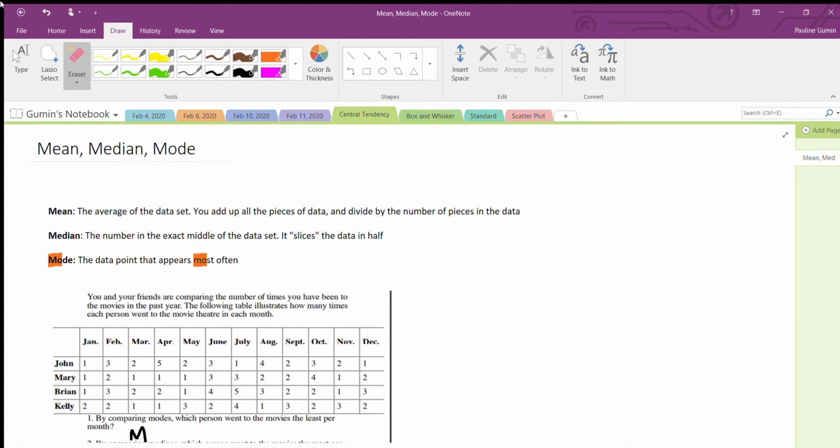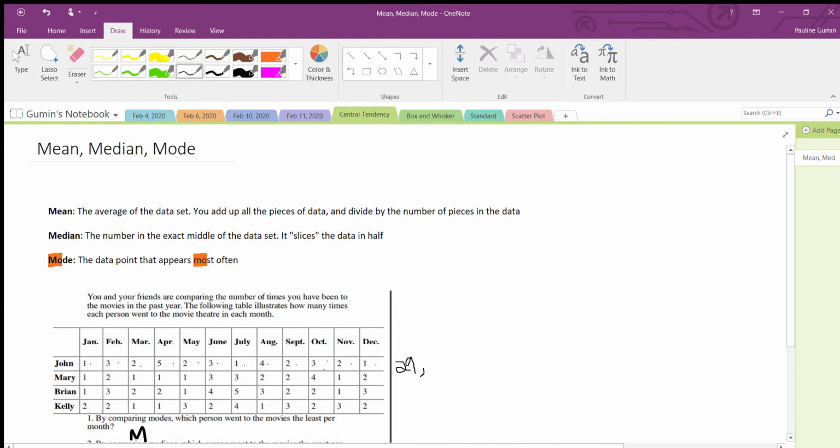Okay, let's begin adding. Let's do John. 1 plus 3 is 4, plus 2 is 6, plus 5 is 11, plus 2 is 13, plus 3 is 16, 17, 21, 23, 26, 28, 29. So John has 29.